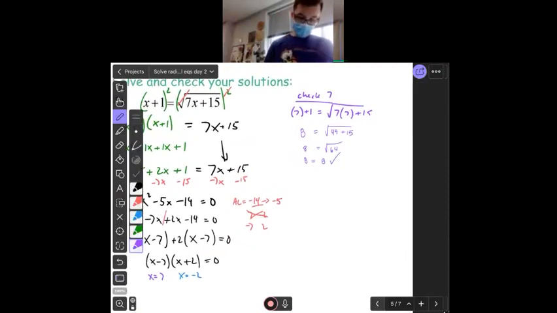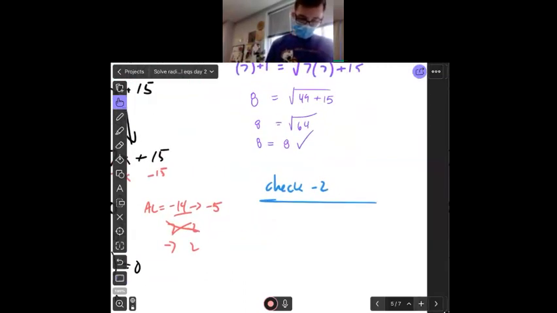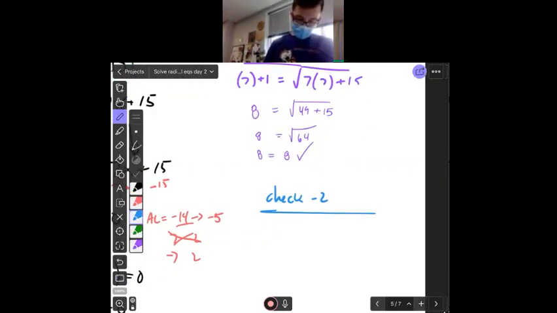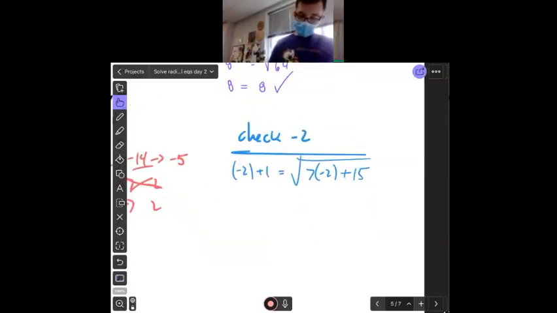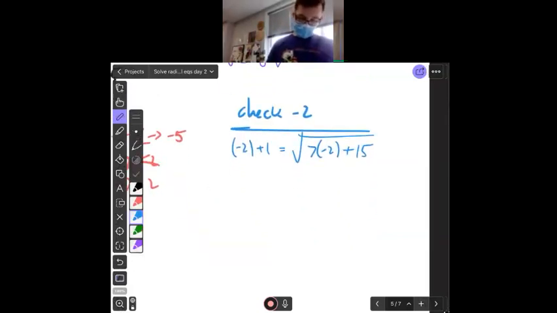So, check negative 2. What was the problem? It was negative 2 plus 1 equals the square root of 7 times negative 2 plus 15. You simplify only. Negative 2 plus 1 is negative 1. That's not good.